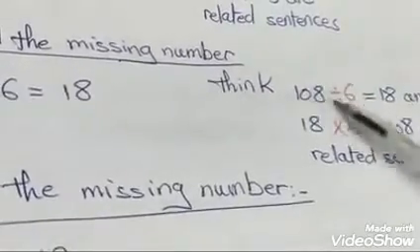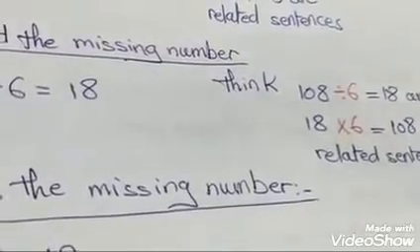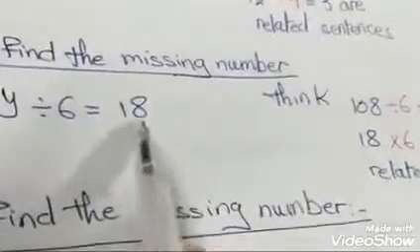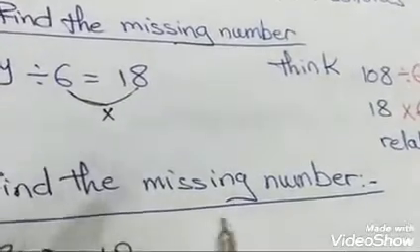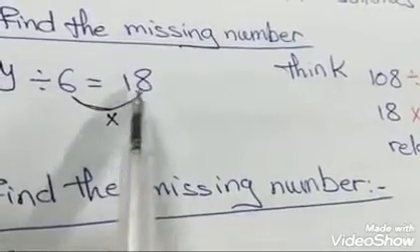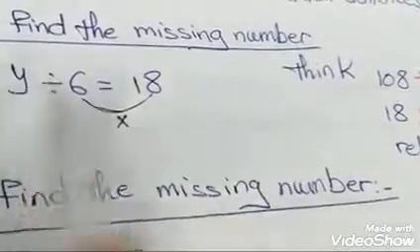It will be 108. How to get it directly? I make an inverse operation: I multiply 18 times 6 to get the missing number.